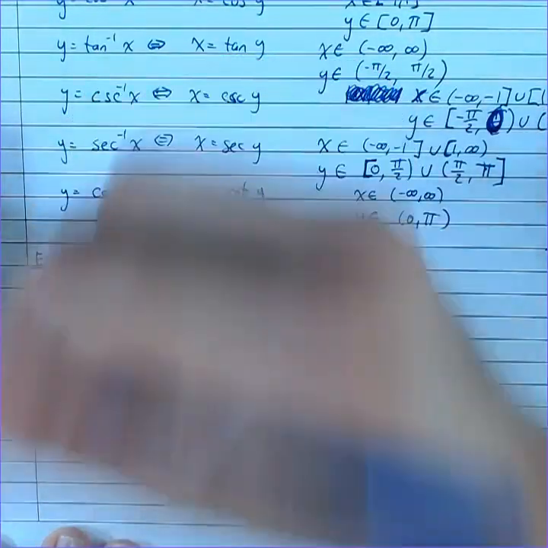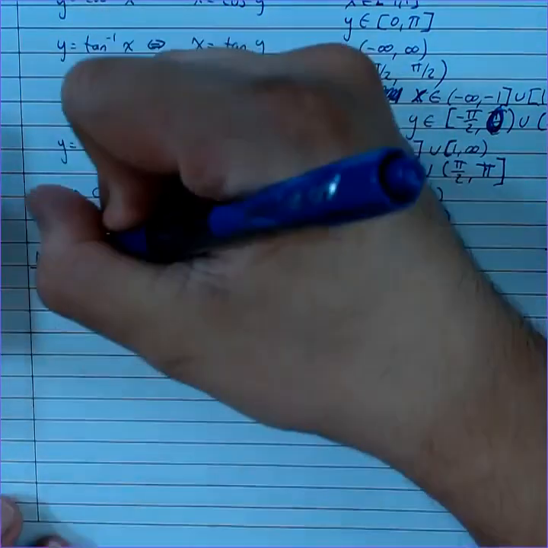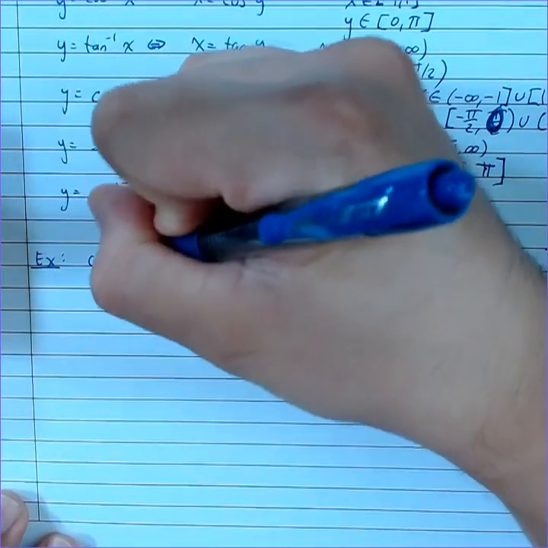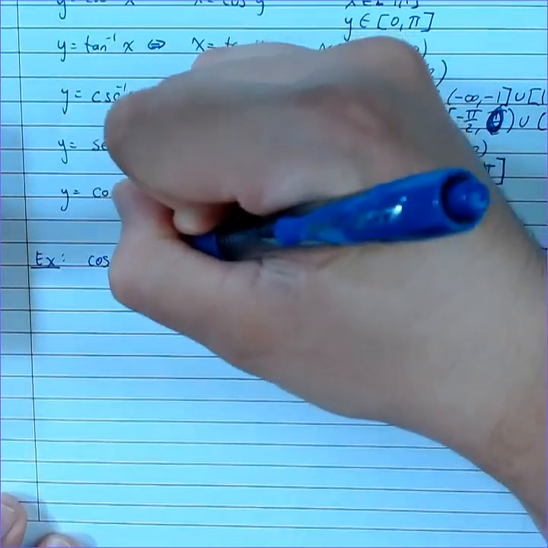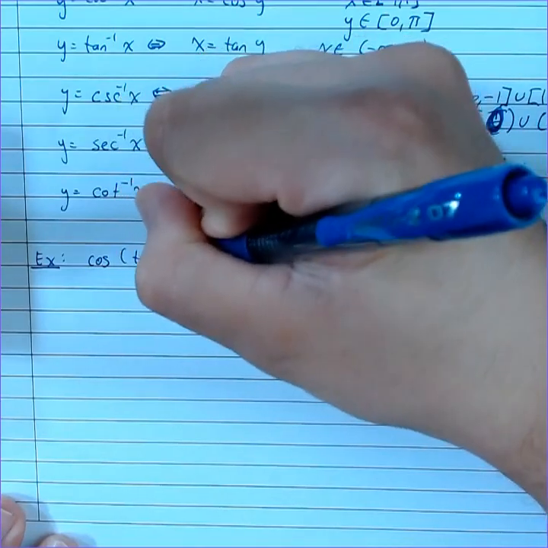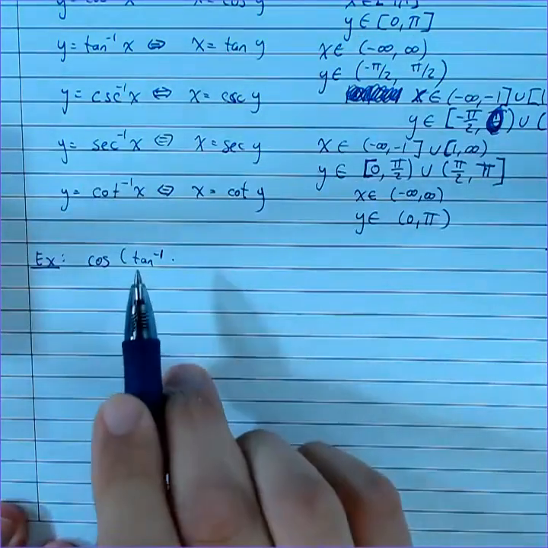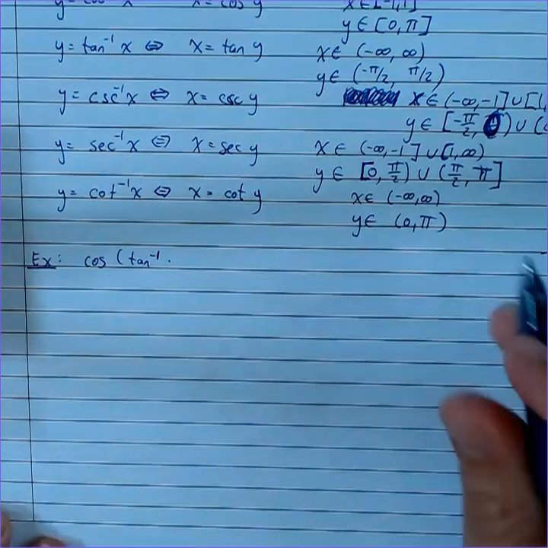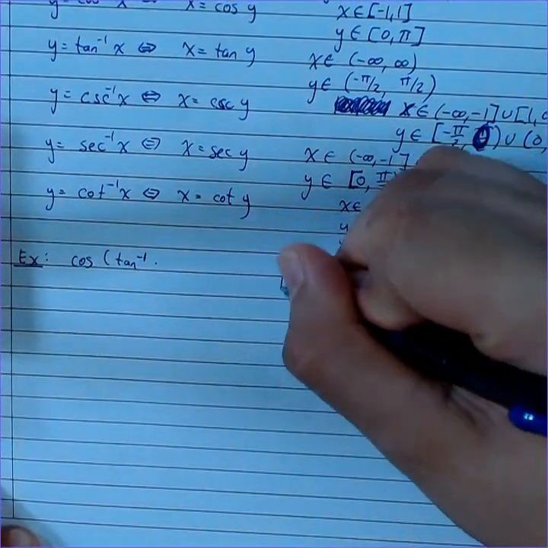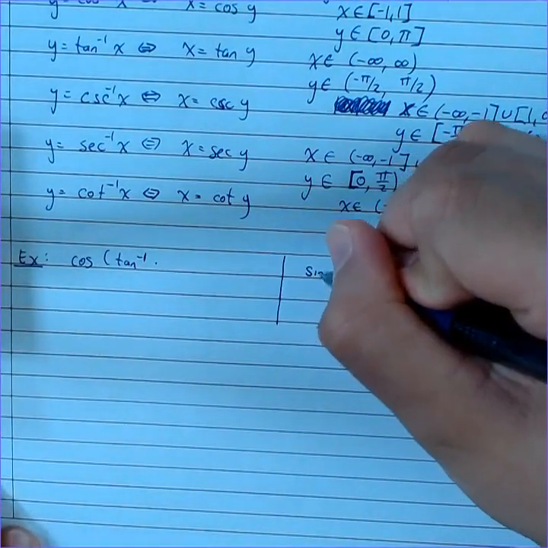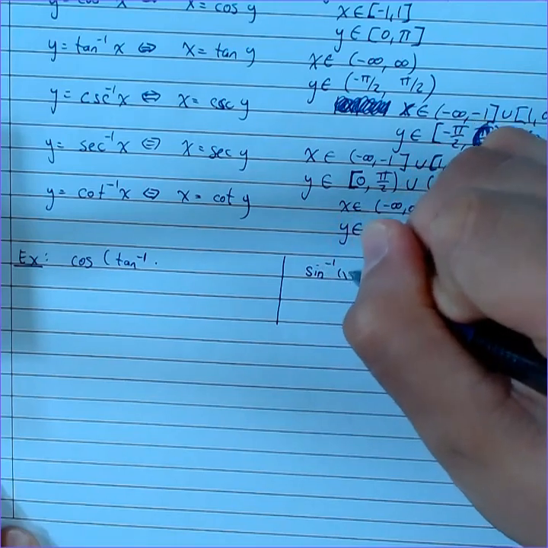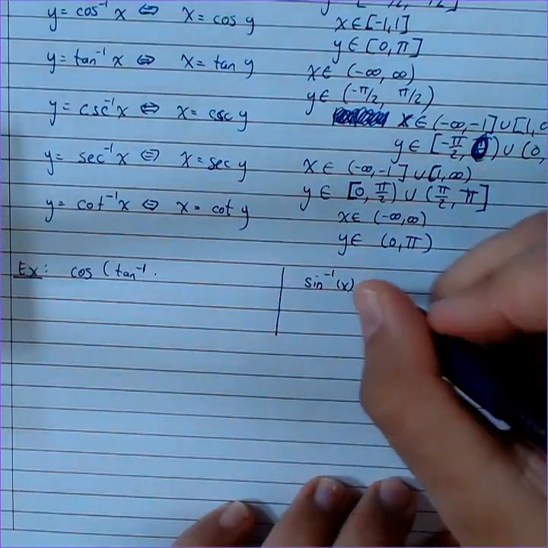Let's say I wanted to find the cosine of the arc tangent. You'll notice I keep saying arc sometimes. That's just another way of saying inverse. So as a quick note on notation, if I write this, it is read as sine inverse of x.